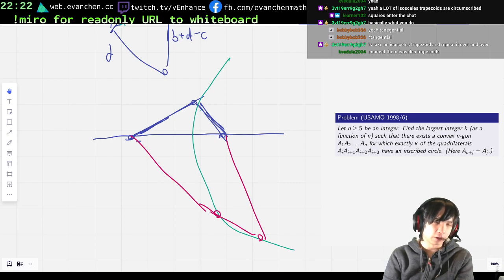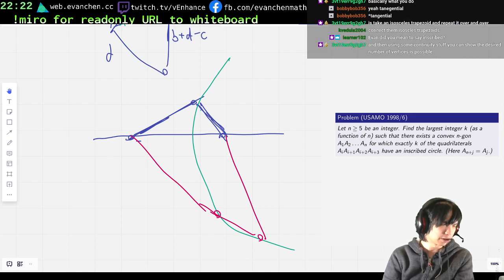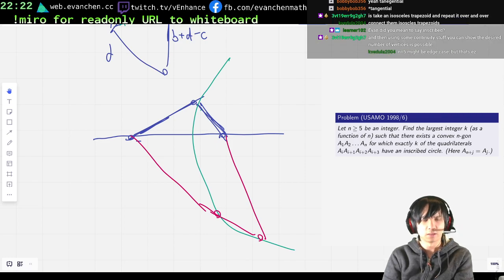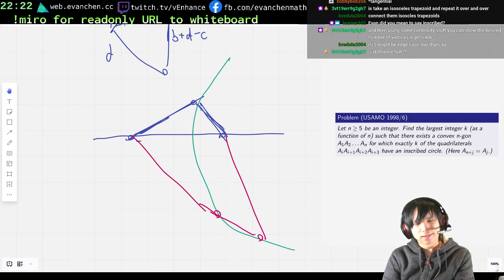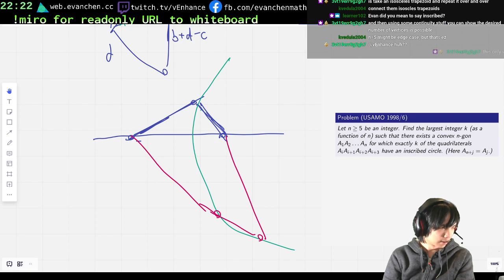I agree this works for the odd case. I'm actually worried about the even case because then you also need it to close up exactly. It should be okay, I think. This only works for even.